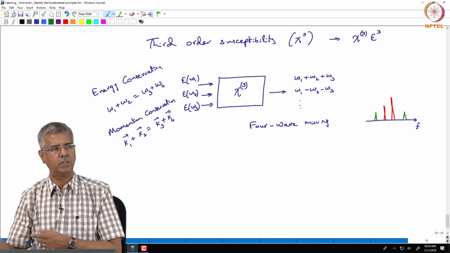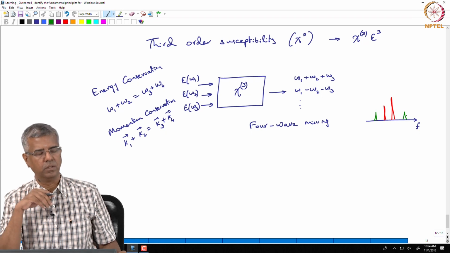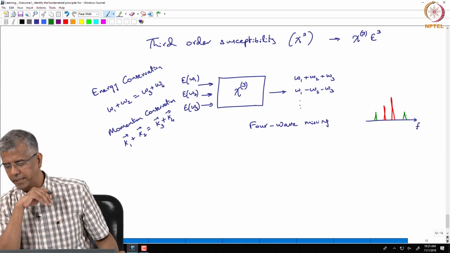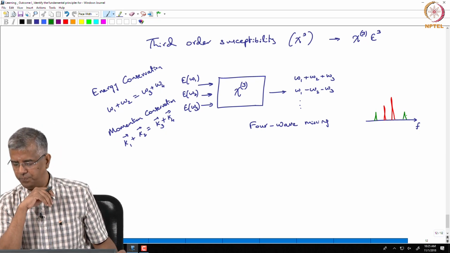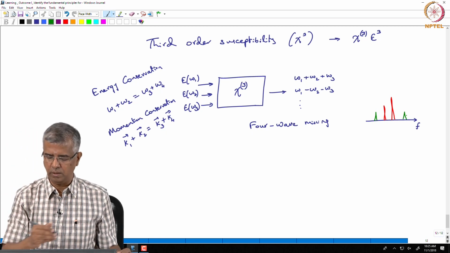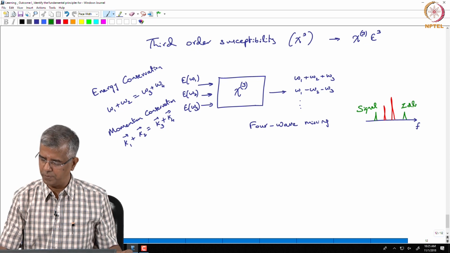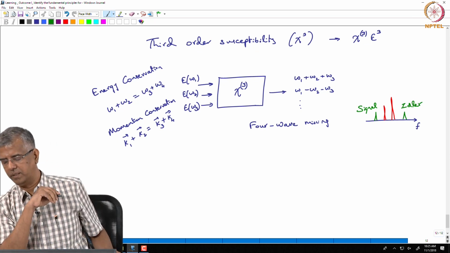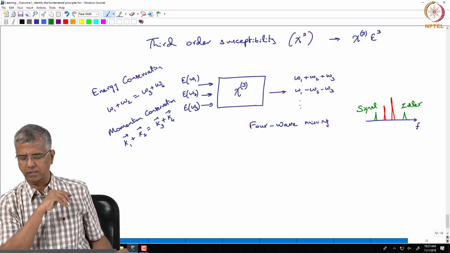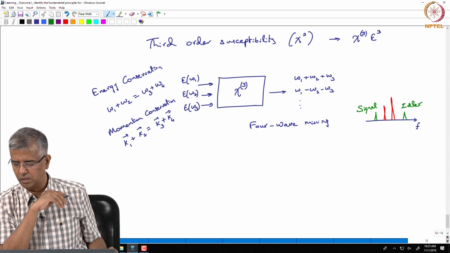So, what's mentioned in the red is actually the input, and what's put down in the green is actually the new frequencies that are generated. In typical 4-way mixing, this is called the signal, which is the desirable component, but you may also have an idler, which is a natural byproduct whenever you have these two frequencies beating with each other.